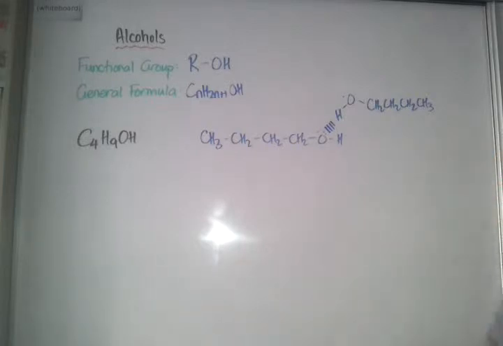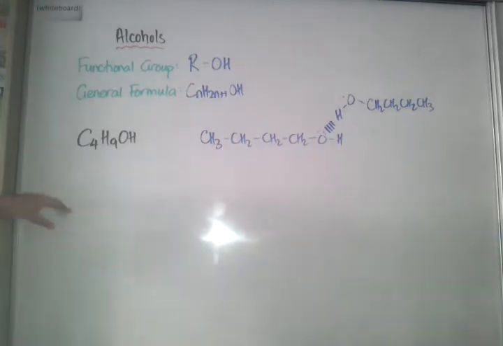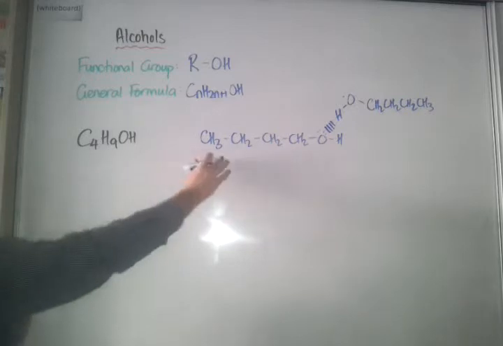Right, the last thing I want to go through very quickly is the isomerism that these can exist with, and how we name them, because their naming can get a bit tricky as soon as you get to about 3 or 4 carbons. So we're going to make a few versions of this and try to name them. So our first one is the one we've got here.